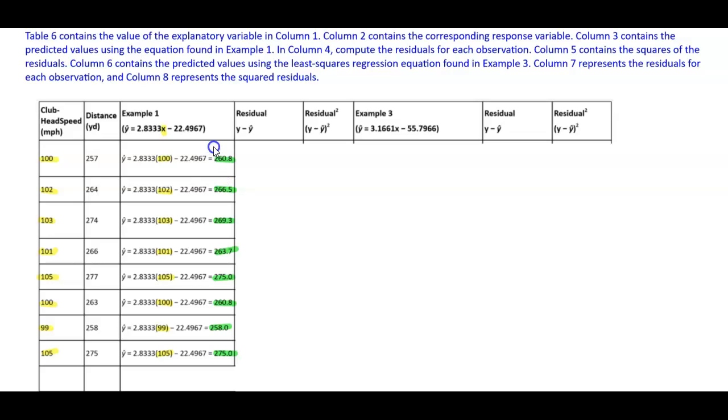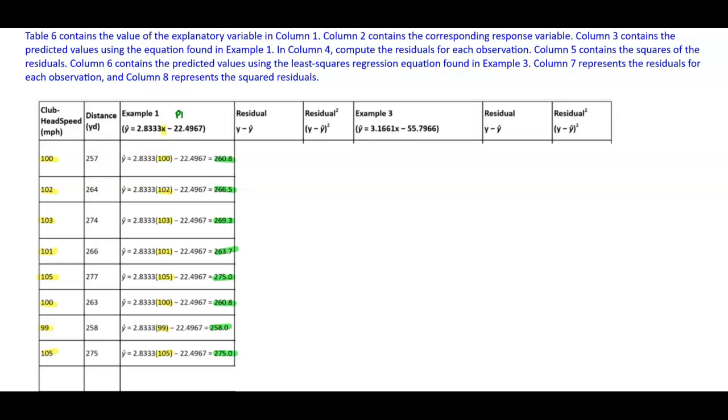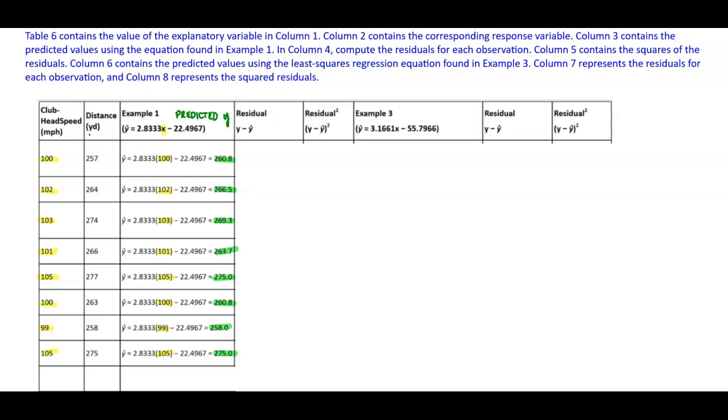So remember that this column represents the predicted value, meaning the predicted y value. And if we look to the left, the distance represents the observed y value, meaning this is the value that was given.